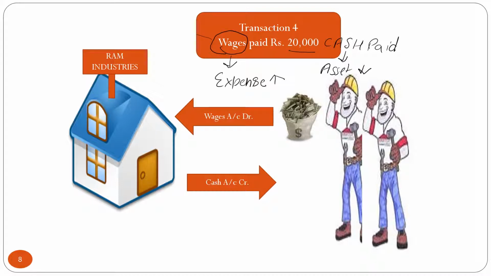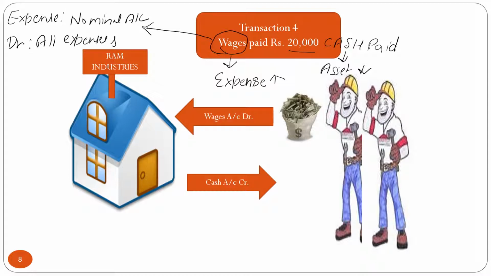So for wages, an expense, we use the nominal account rule that debit all expenses and losses. So wages account is debited by 20,000.